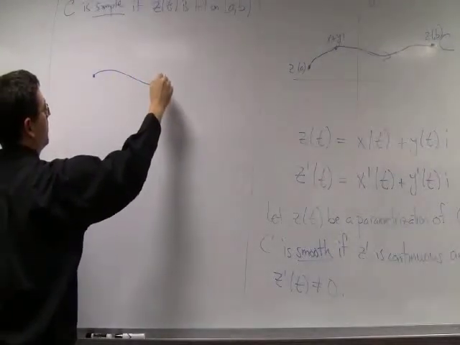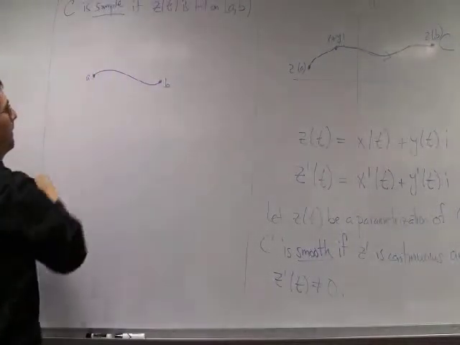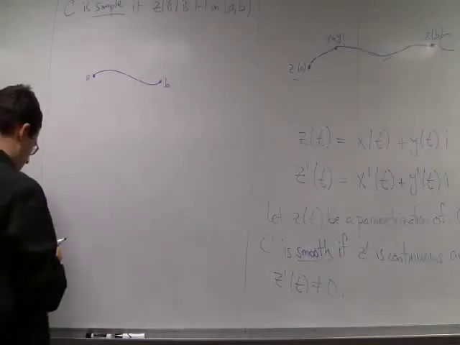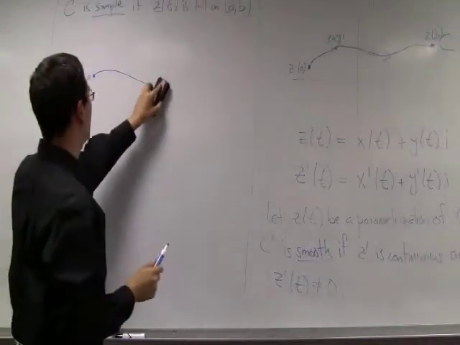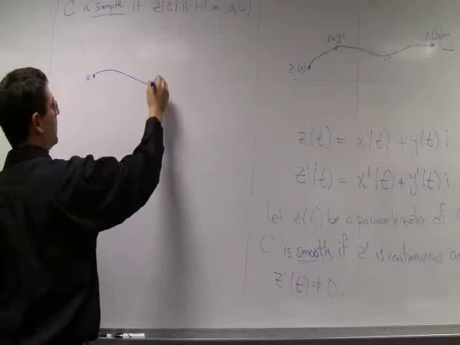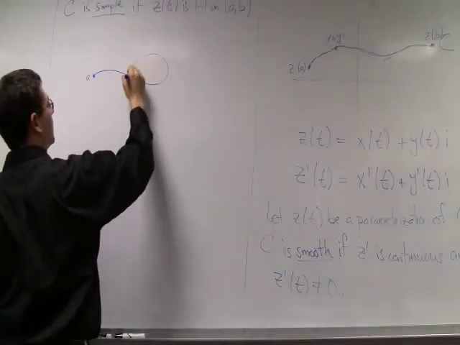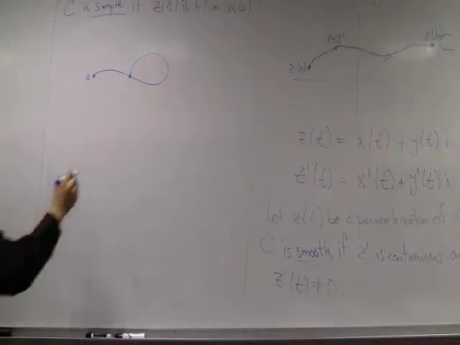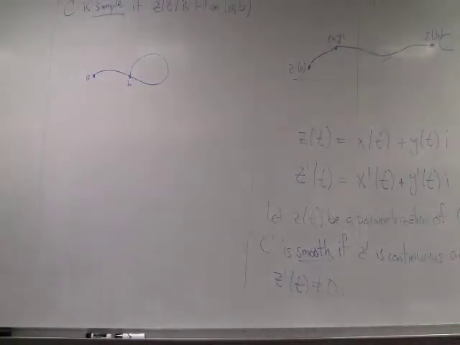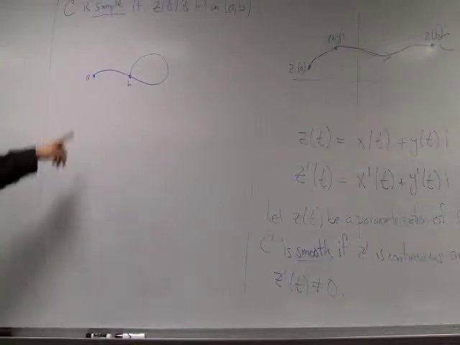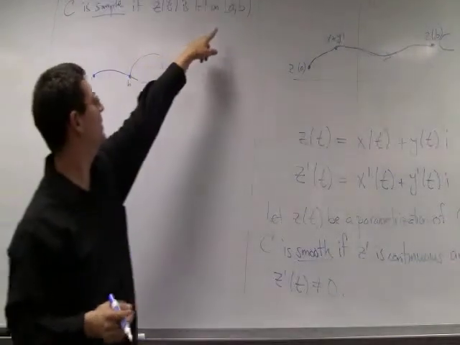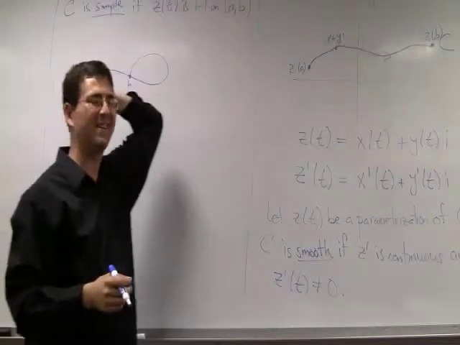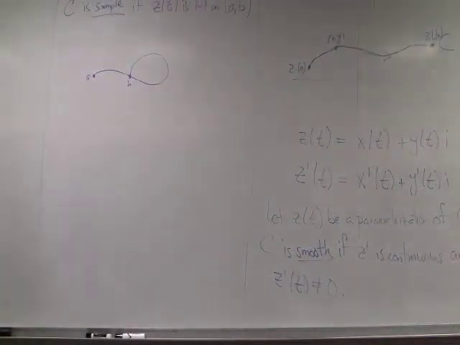Normally this is what it might look like, but what if I did this? No, I put B here at the end. Then you have a problem. Now that's not 1-to-1. I mean, that is 1-to-1 on this interval A to B. So now I think we need to be more careful.